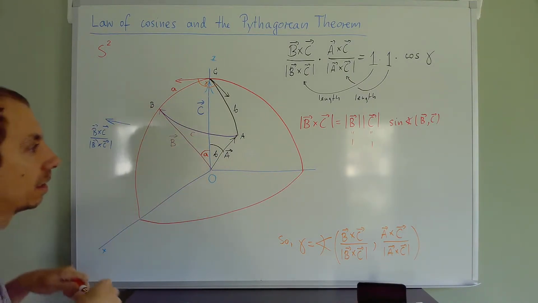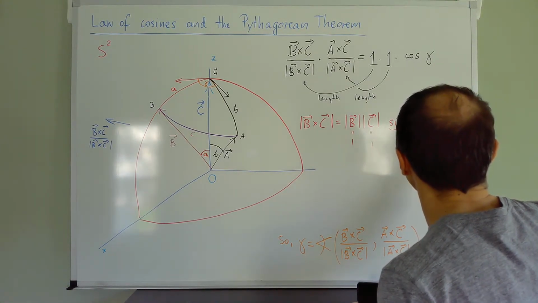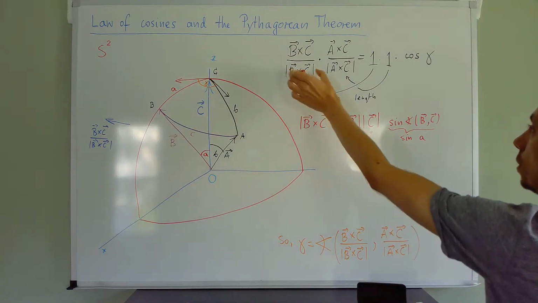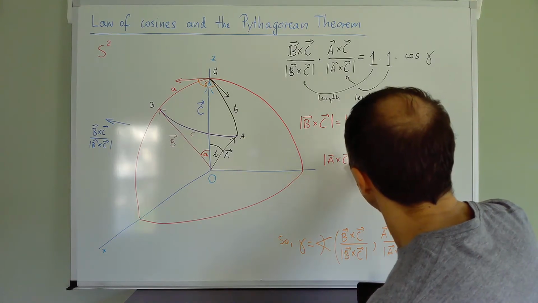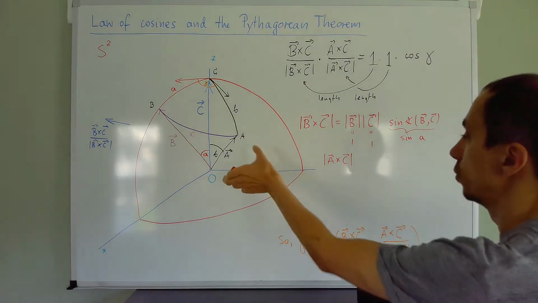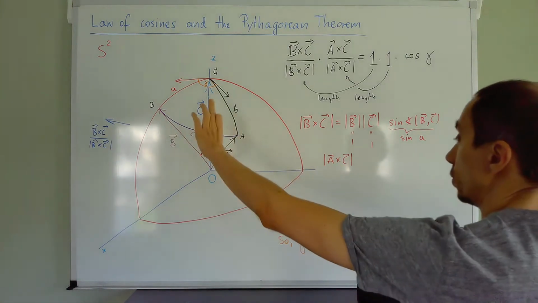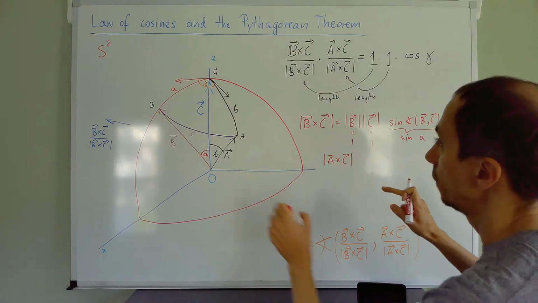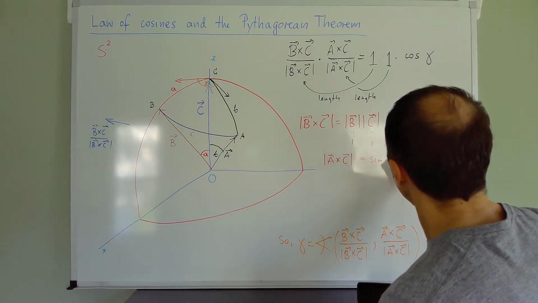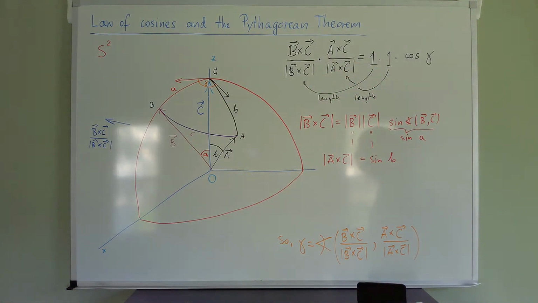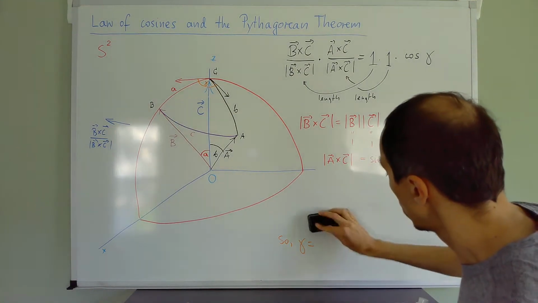That's A, so that's sine A. So that denominator is sine A, and similarly, for the other one, that's the length of A, which is 1, times the length of C, which is 1, times the sine of the angle between them, which is B. So I converted the denominators into something that can be expressed in terms of these lowercase letters.